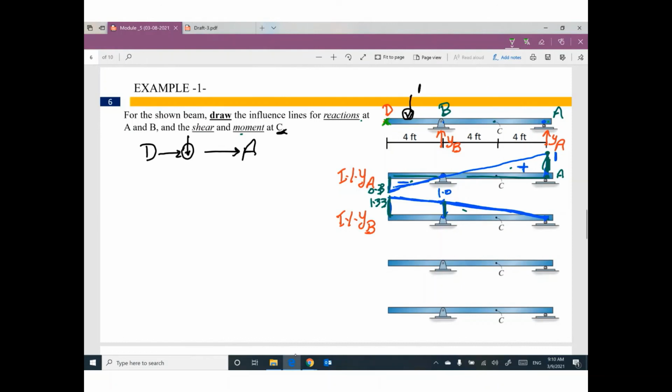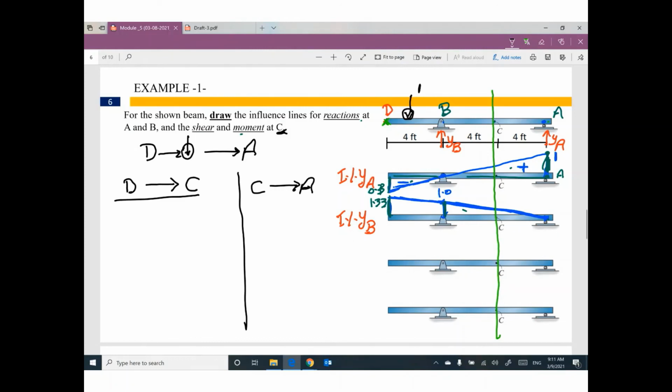Point C intersects this strip into 2 parts. So I will say we have 2 strips right now. The first strip between D to C. The second strip between C to A.